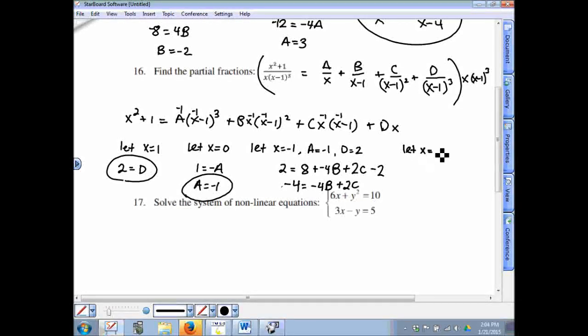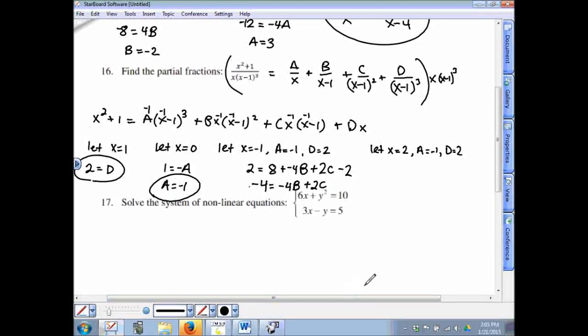I'm going to let x equal 2 this time, and a equals negative 1, d equals 2 again. Okay, so if x equals 2, 2 squared is 4 plus 1 is 5. a is still -1, but this time x is 2. 2 minus 1 is 1 cubed. 1 cubed is 1. 1 times -1 is -1.